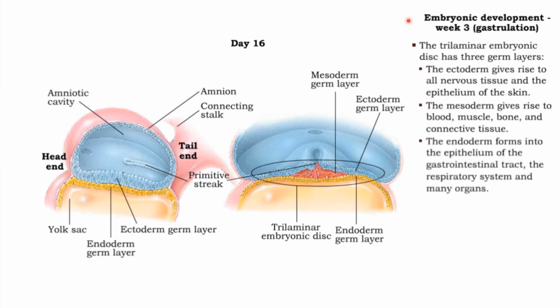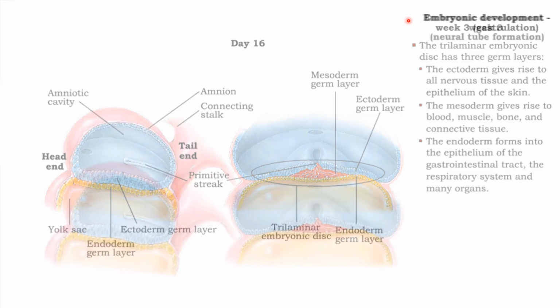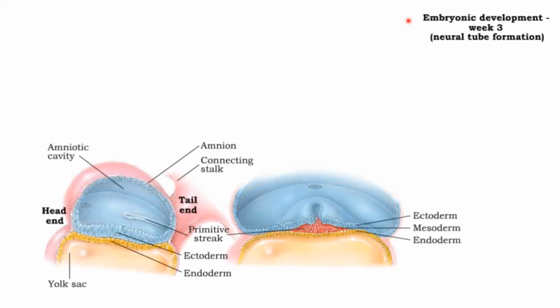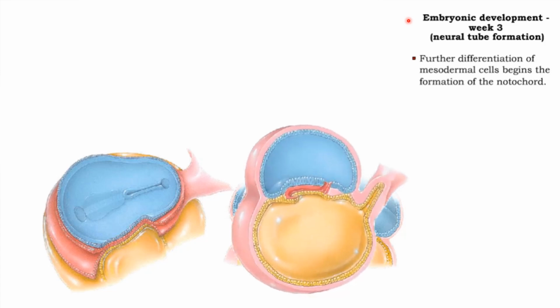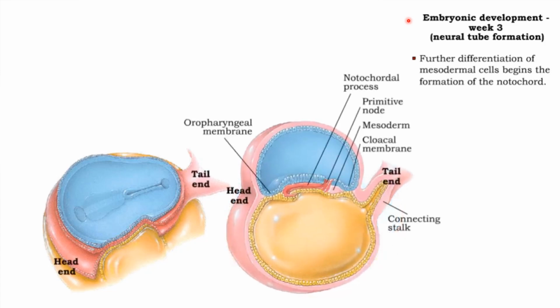The endoderm forms into the epithelium of the gastrointestinal tract, the respiratory system, and many organs. Okay. Further differentiation of mesodermal cells begins the formation of the notochord.